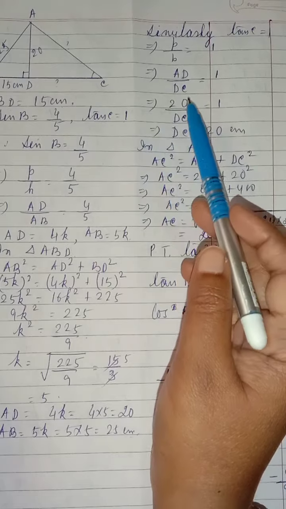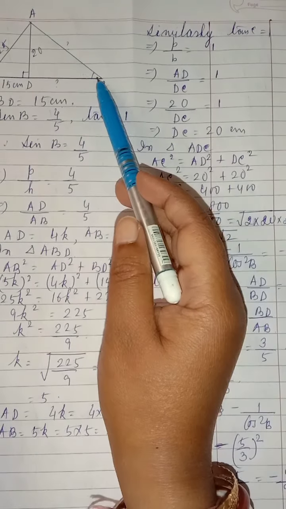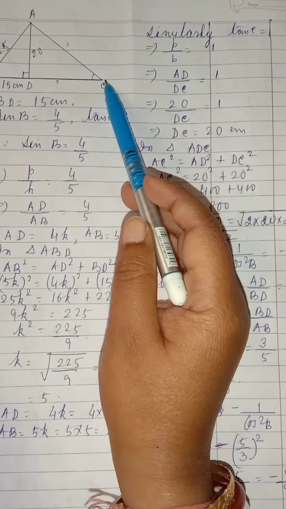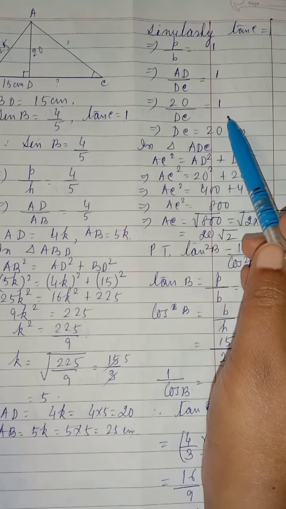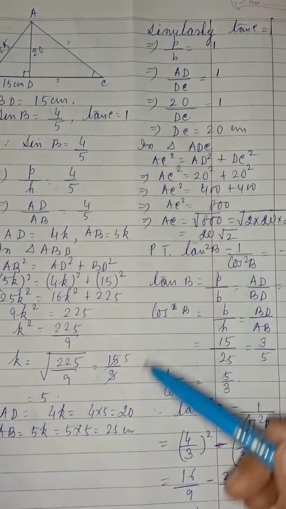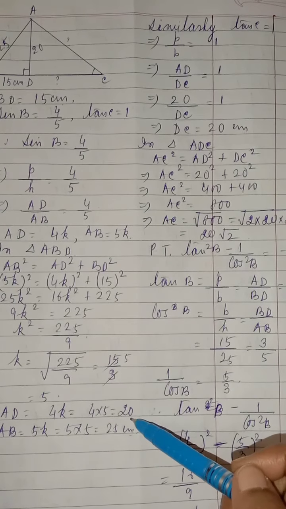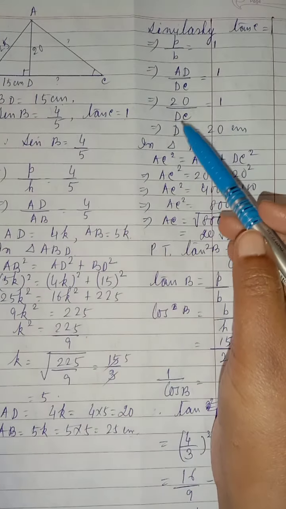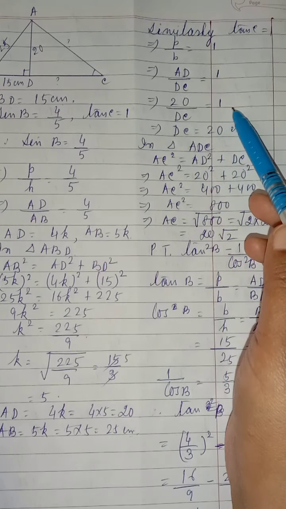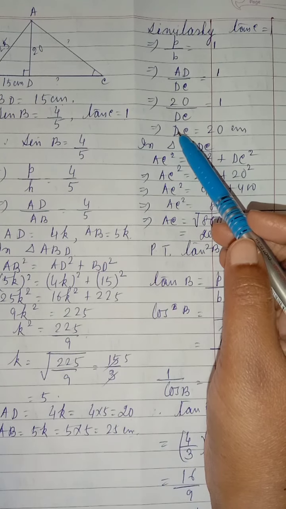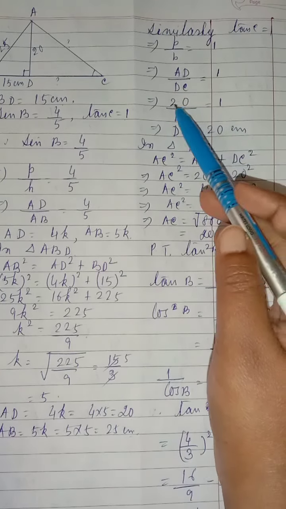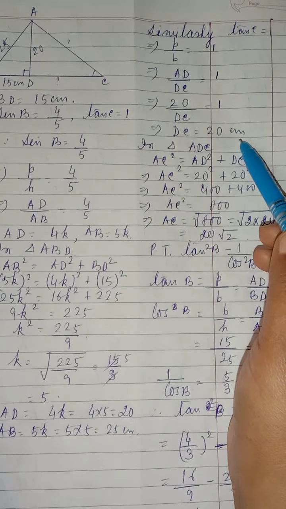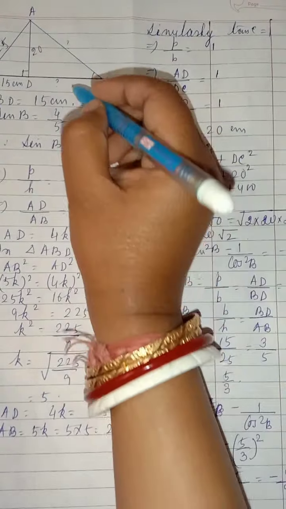And what is base here? This angle and 90 degrees lying on DC, so base is DC. So AD by DC is equal to 1. AD is the value we have already got, it's 20. So 20 by DC is equal to 1. By cross multiplication we will get DC's value is equal to 20 centimeter. So DC also we got 20 here. So let's write here.